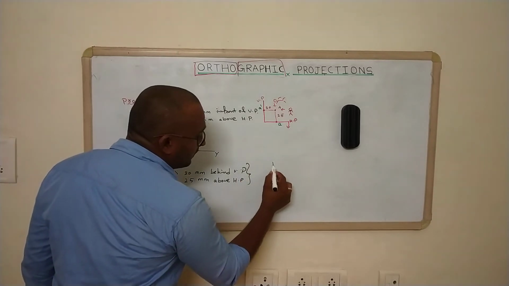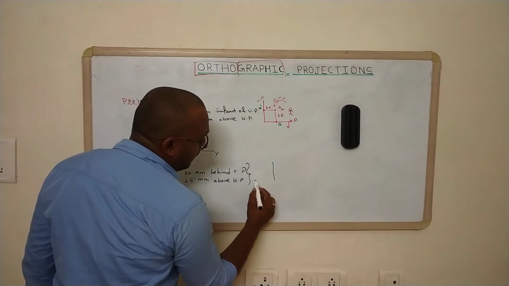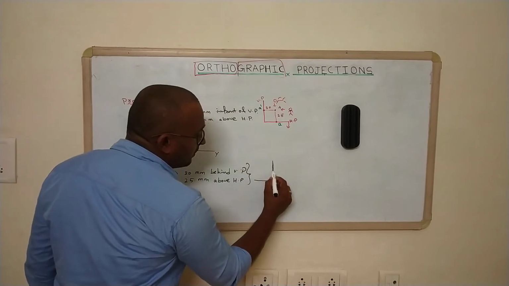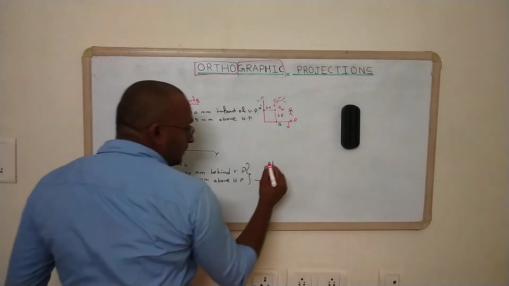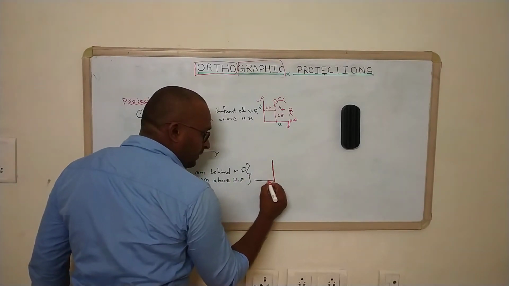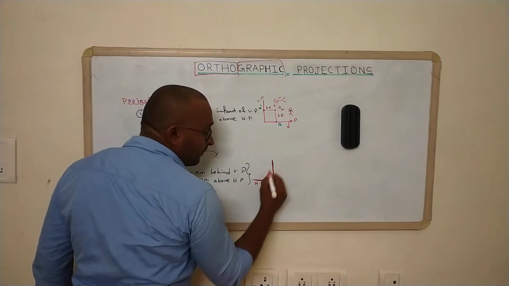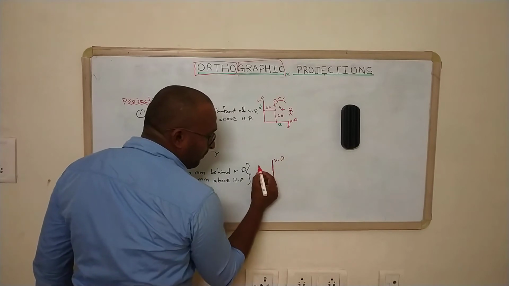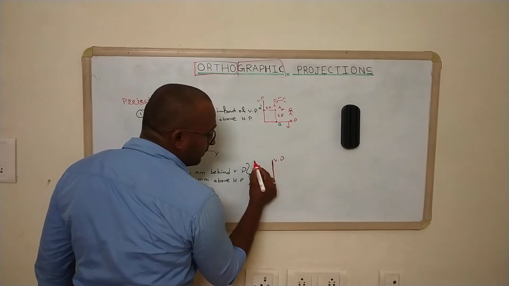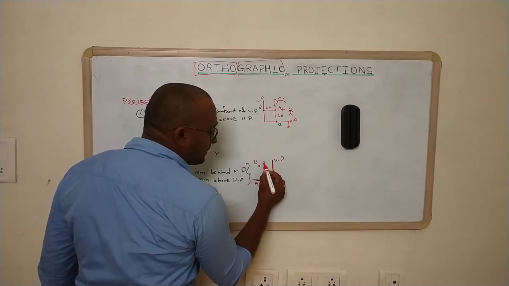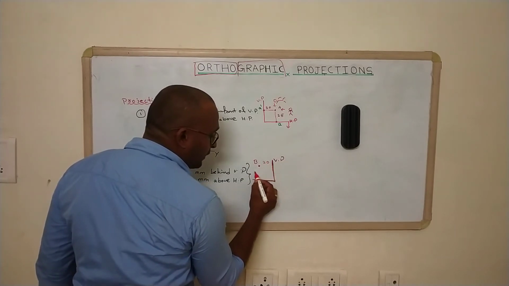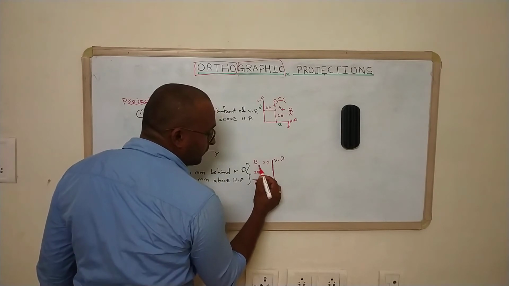So here this is the vertical plane and this is the horizontal plane. We will see here vertical plane and horizontal plane. The point B is placed over here. Here the distance behind the VP is about 20 mm and above HP is about 25 mm.